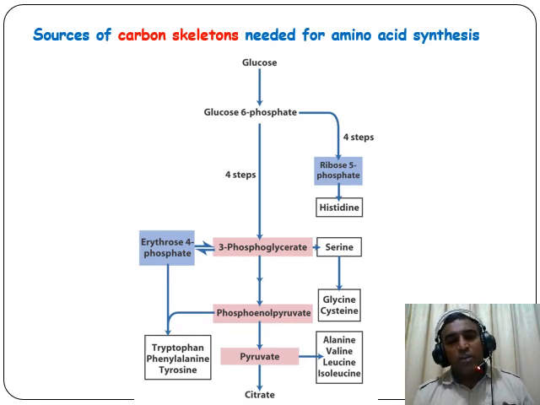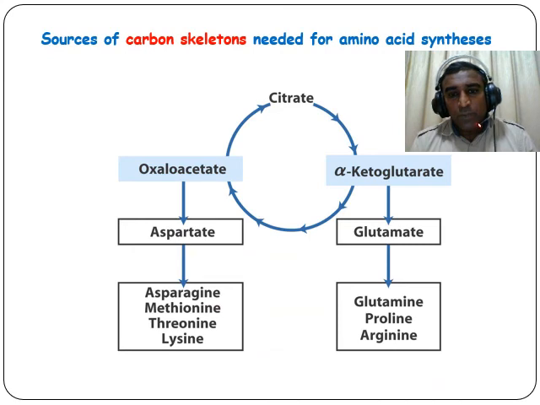So from there you can see various amino acids can be synthesized. While here are shown the sources from the Krebs cycle or citric acid cycle that actually provide the keto acid in making the other types of amino acid.